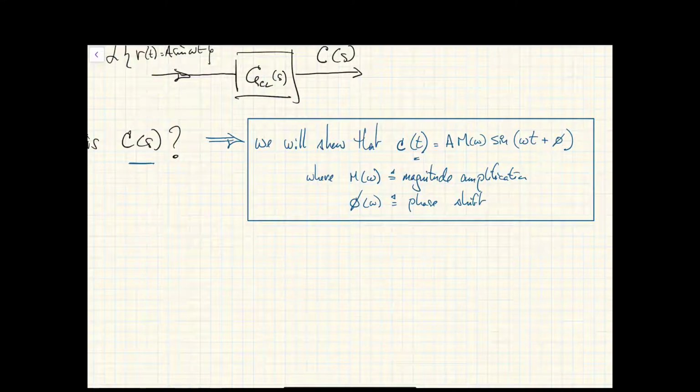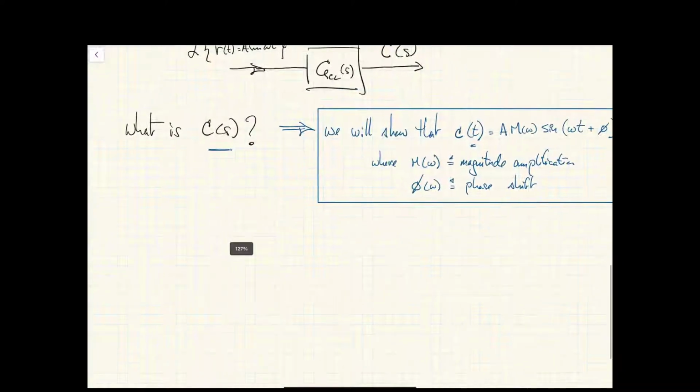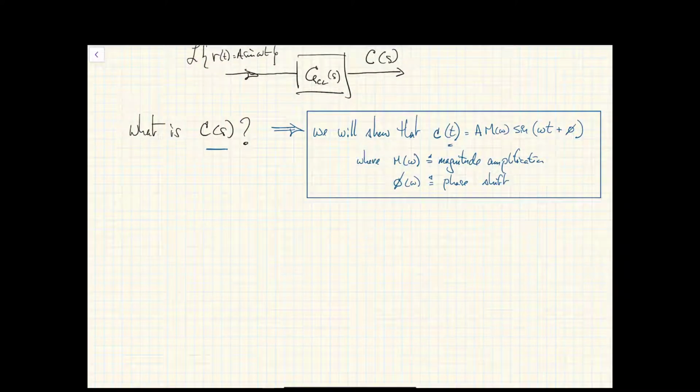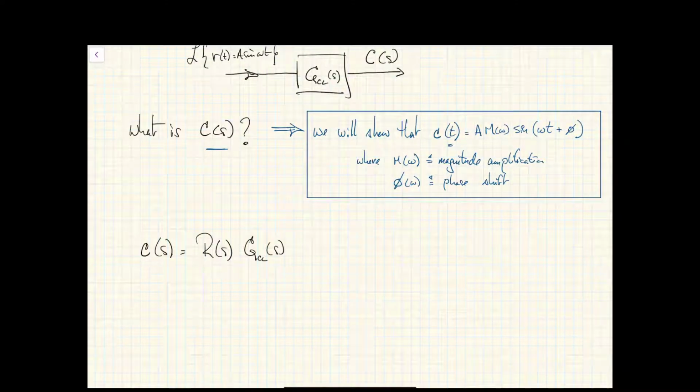Okay. All right. So first of all, we know that C of S, based on the definition of the transfer function, is simply equal to the input, my sinusoidal input, times the closed loop transfer function. Given that I'm dealing with R of S equals A sine omega t, that's going to be A omega over s squared plus omega squared.